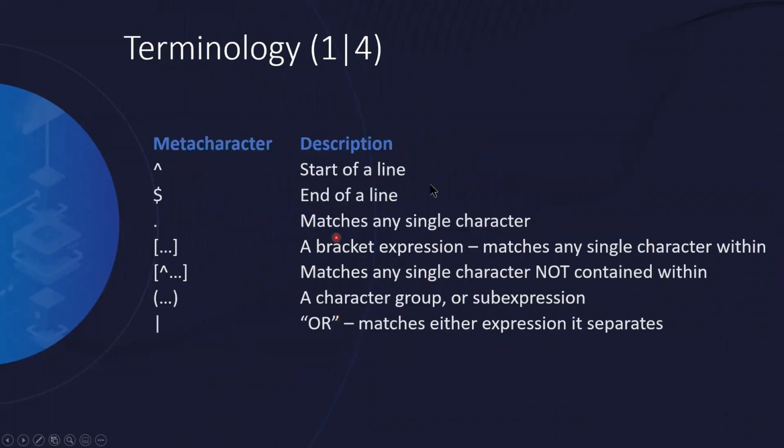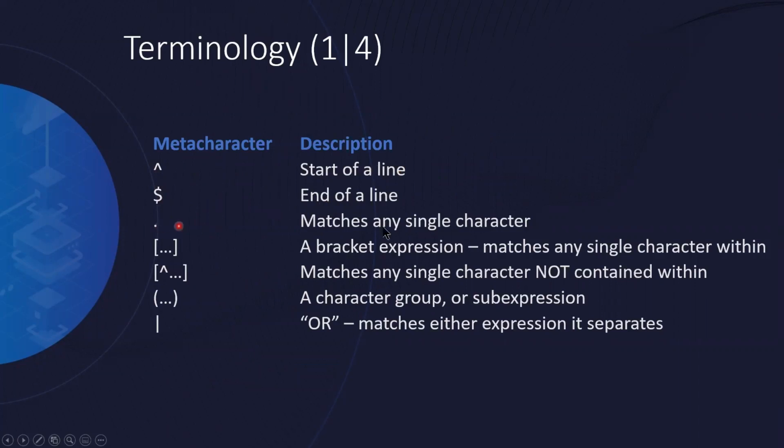So what's the terminology? What are these meta characters? So within a regular expression, the caret, or the up arrow, the little hat as we call it in Welsh, represents the start of a line. The dollar sign represents the end of a line.